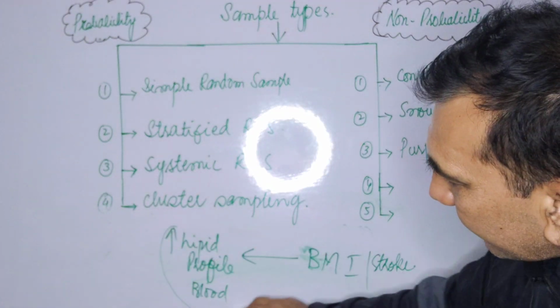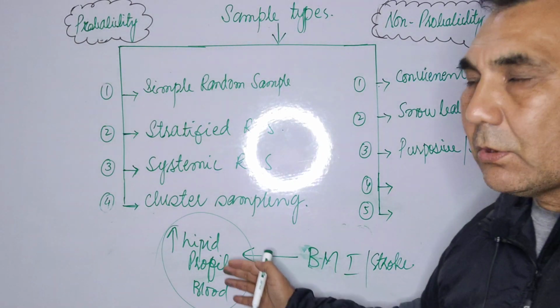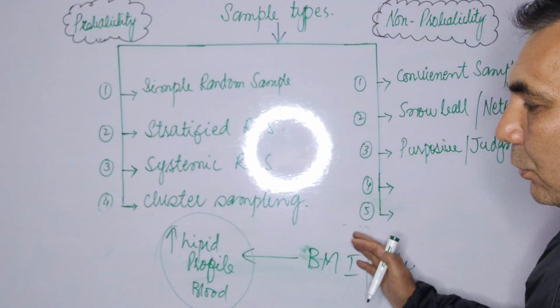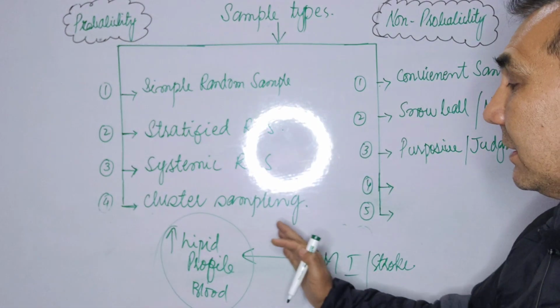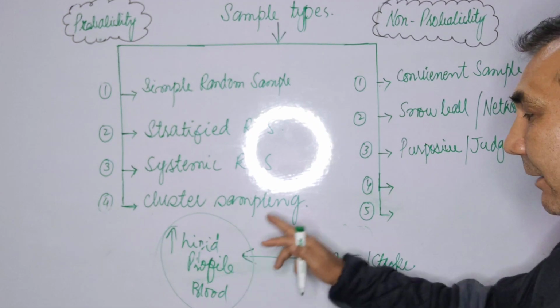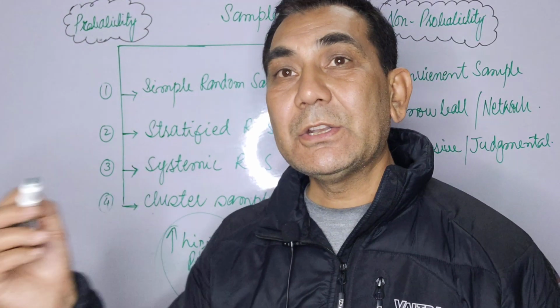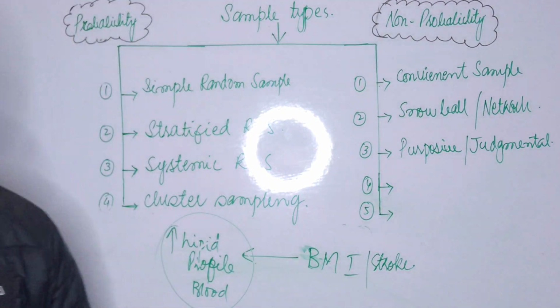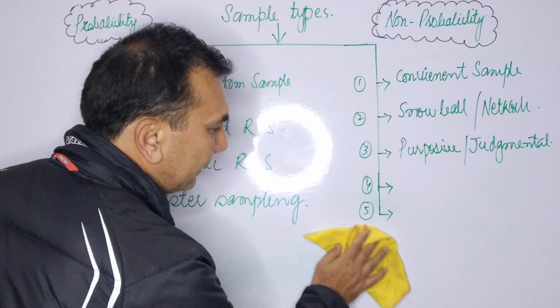So in selecting the high lipid profile in the blood samples, he knows very well, he is purposive, judgmental, pre-judgmental about the sample, that they are more prone to BMI issues and strokes. So he selected those people. So this is the purposive and judgmental sampling technique.